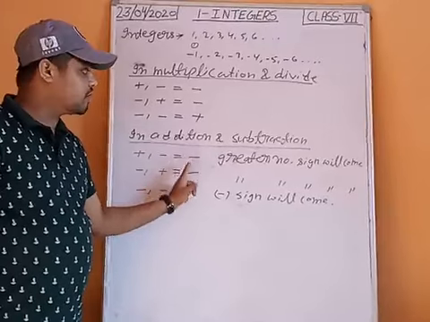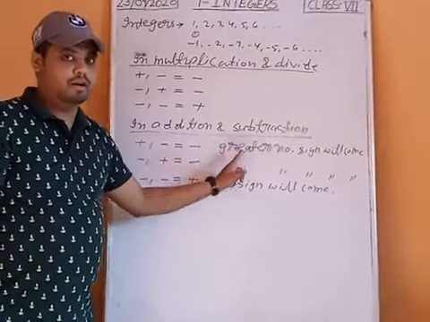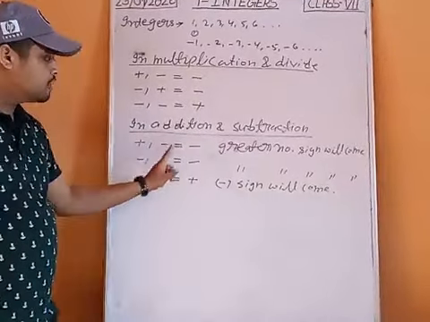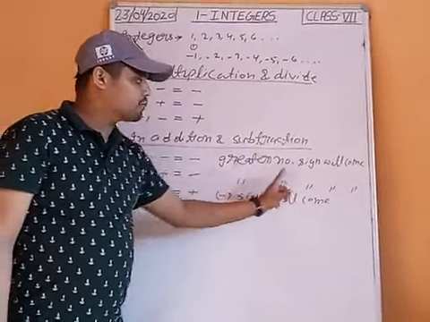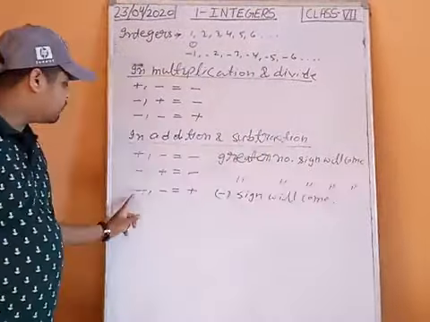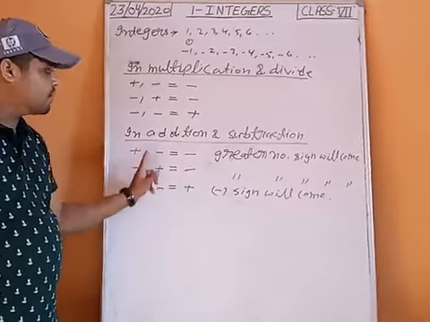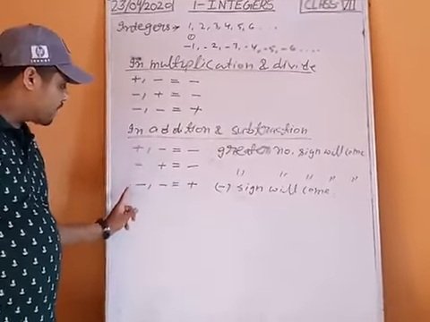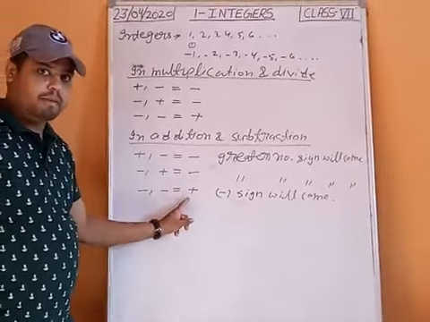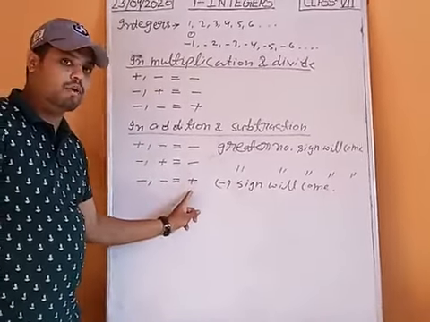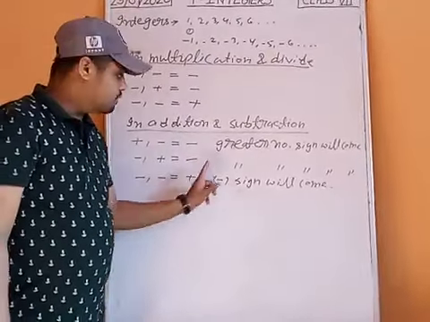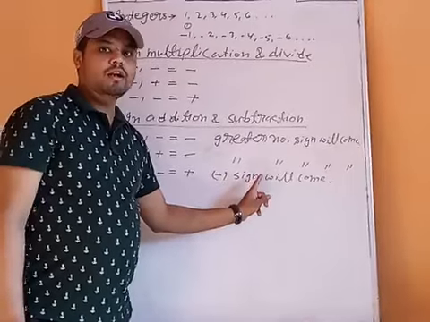Minus, but the greater number's sign will come. Minus plus minus, what will we do? Minus, the greater number's sign will come. And if both are negative, then minus minus plus, what will we do? Plus, and the minus sign will come.